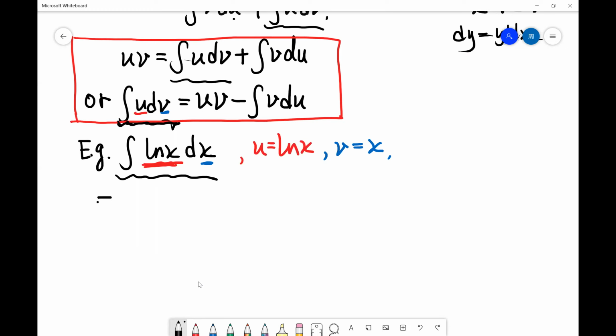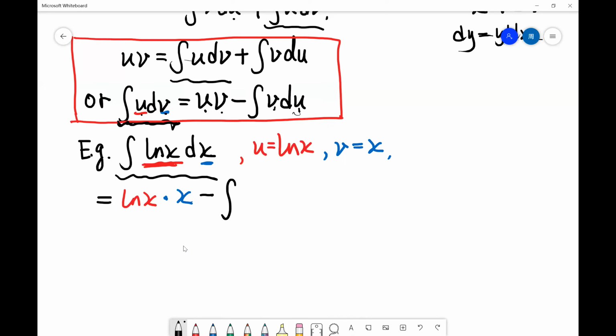The formula says that equals U times V, right? Here U is ln x and V is x. So that is ln x times x here. And then minus. From the formula, we just exchange the places of U and V here, right?